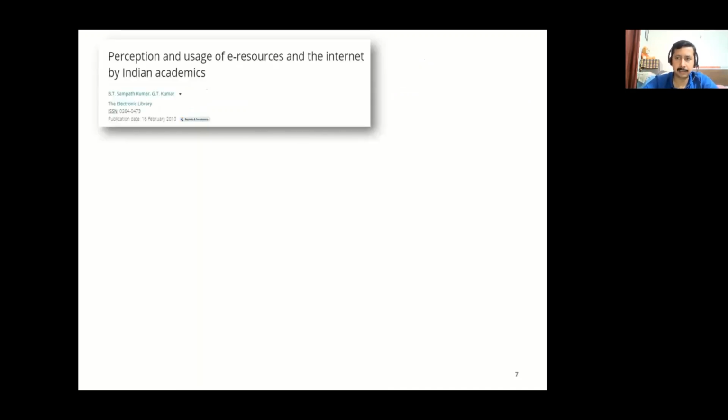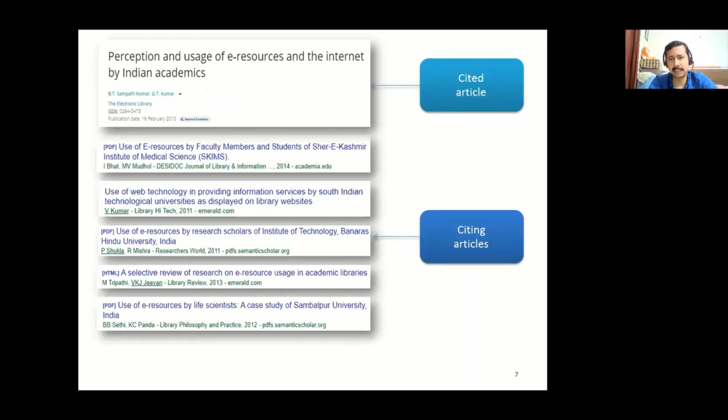Over a period of time, a particular article gathers a specified number of citations, and the number of citations is likely to get incremented as and when the article ages. Therefore, there will be a cumulative effect on the number of citations earned by an article or an author or a journal.